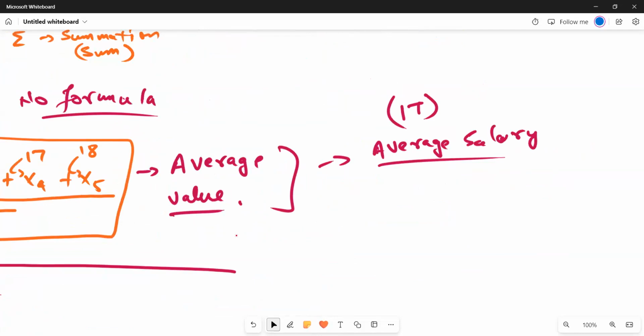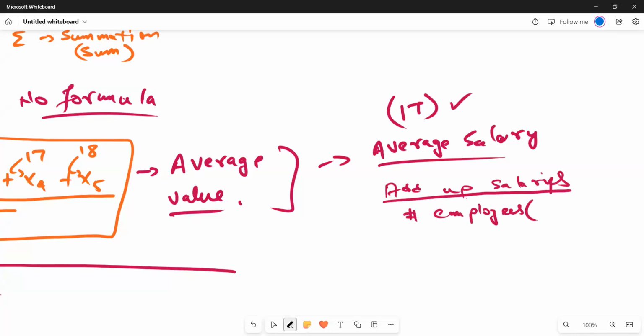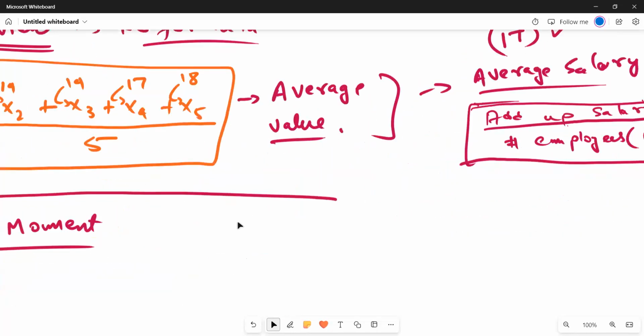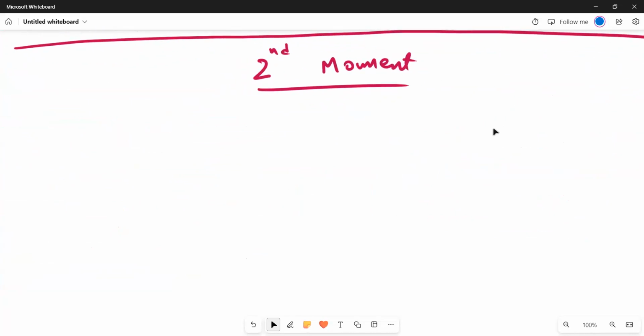He or she will take the salaries of every individual working in the IT department only, add them up, and finally divide by the total number of employees in the IT department. This is how the average salary of an IT department can be found very easily. So this gives you the average value of any data set, which is the first moment.